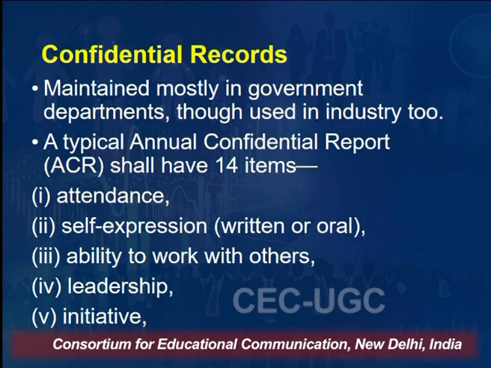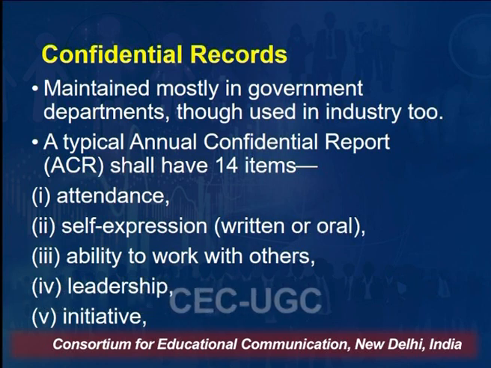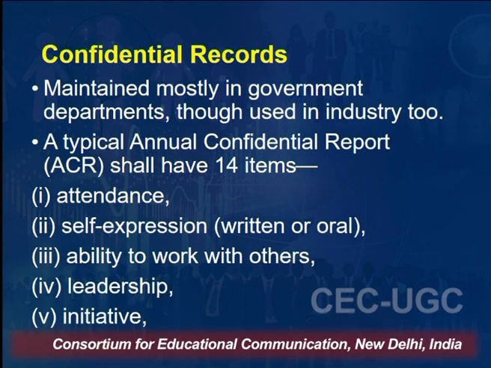Moving further, the next method of appraisal is the confidential records. It is maintained mostly in government departments, though used in industry also. A typical annual confidential report, or the ACR, can have 14 items.